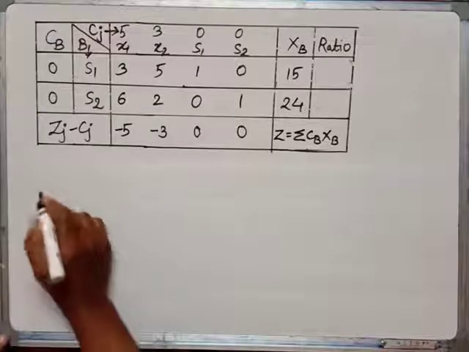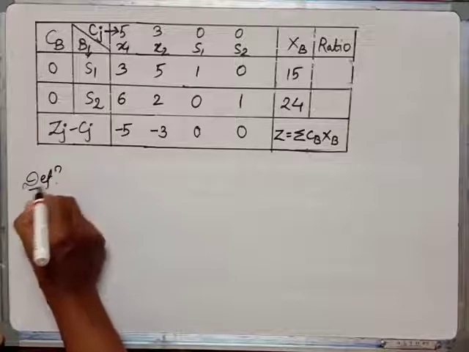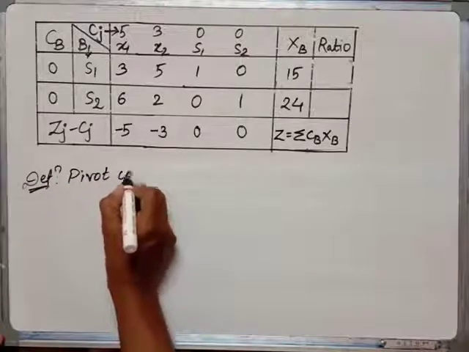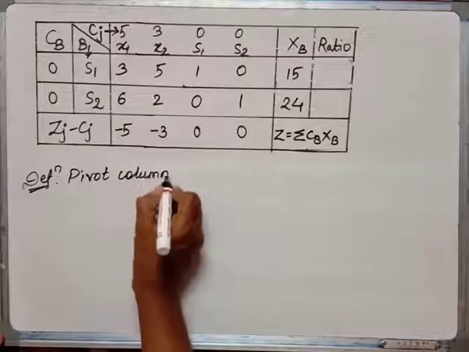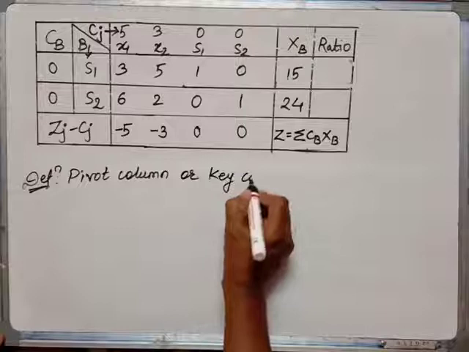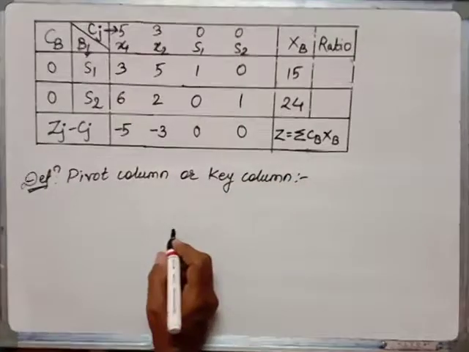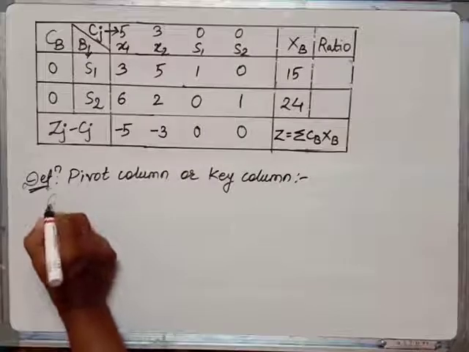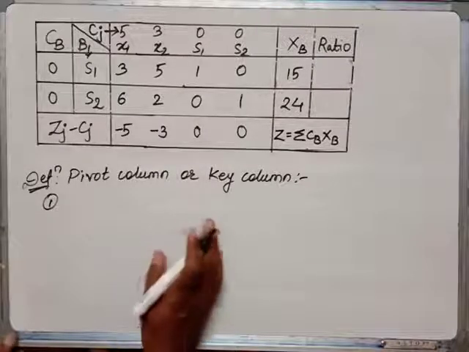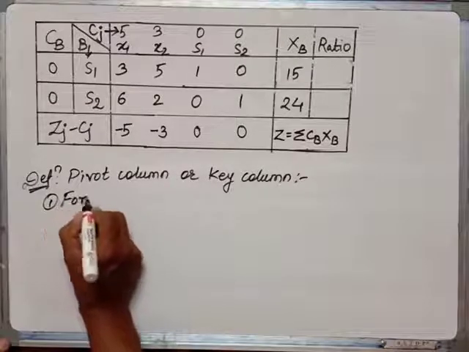the next important definition we have to learn here, that is pivot column. Pivot column or key column. Now there are different conditions for maximization and for minimization. So let me write first of all for maximization.